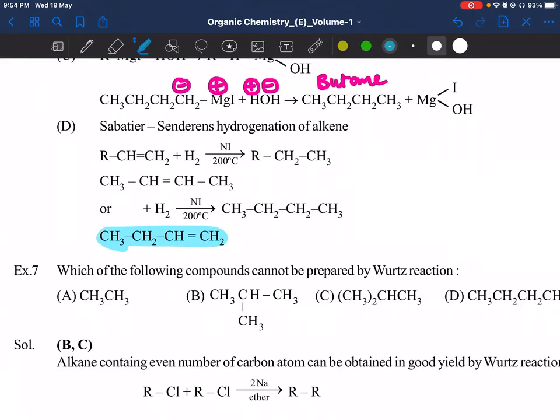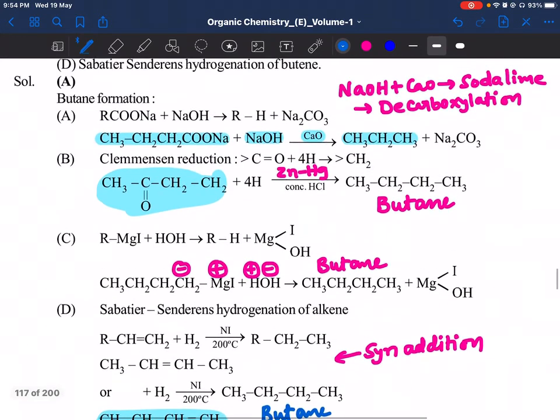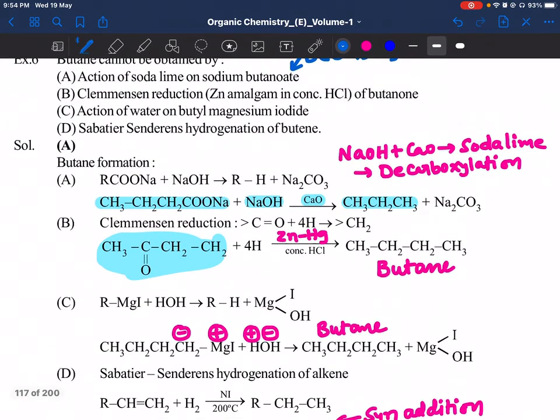It is syn addition. In part 1 we discussed this clearly. Syn addition of hydrogen atoms is taking place, so here also we get butane. Except for the first reaction, in all the remaining reactions we got butane.